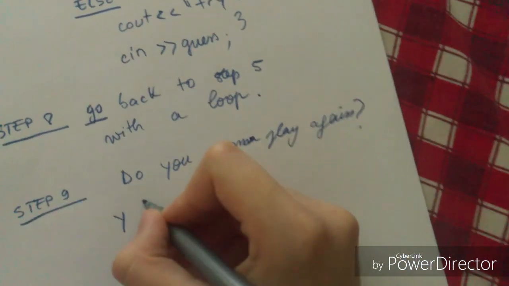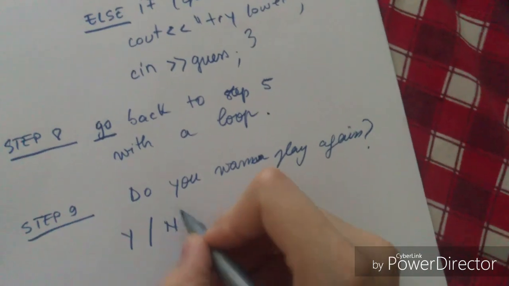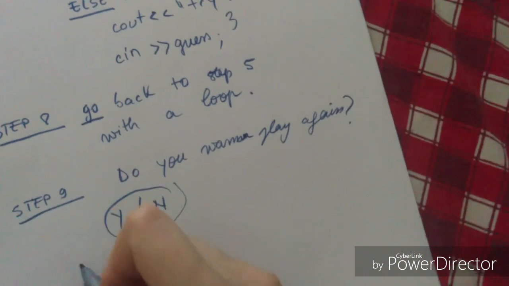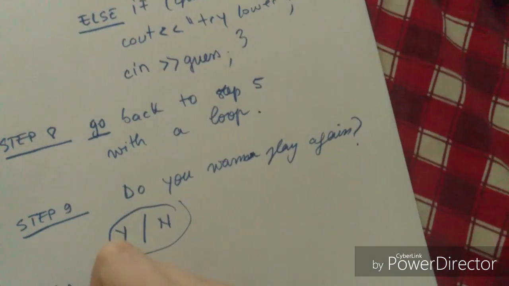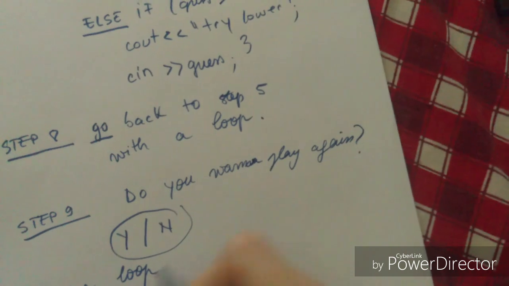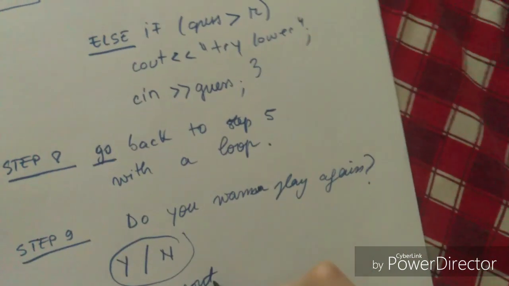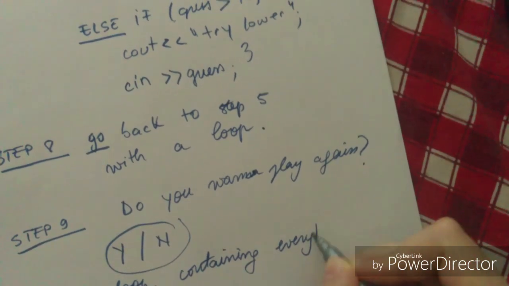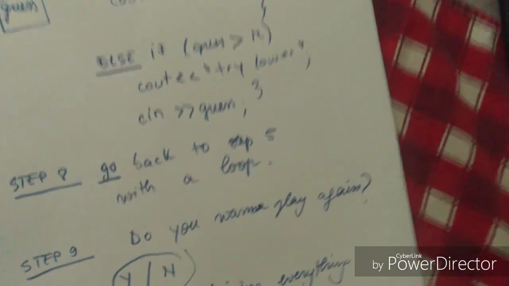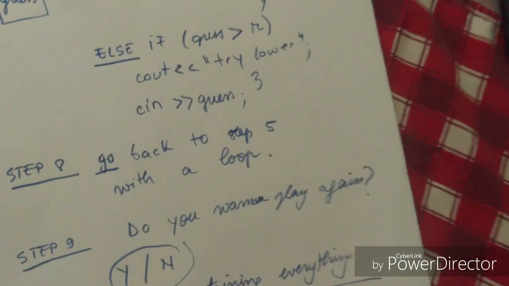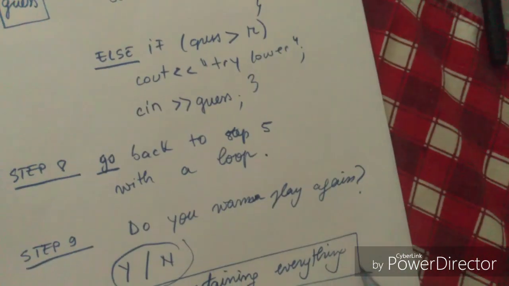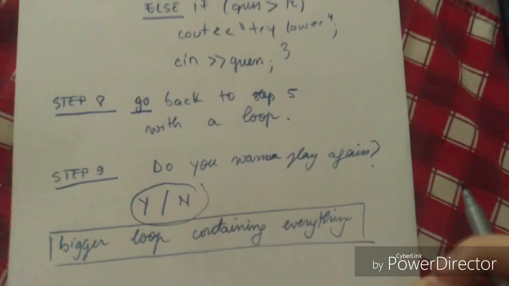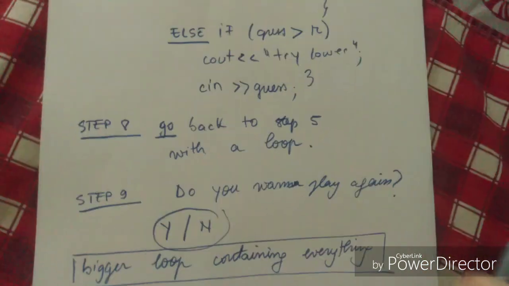And the user can input Y for yes and N for no. And this is basically going to be like a bigger loop containing everything. And this is basically going to allow the user to keep playing and not stop until they decide to stop. So to make it more of a real game.